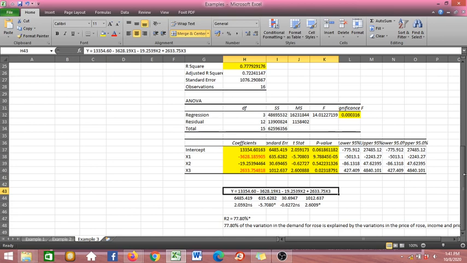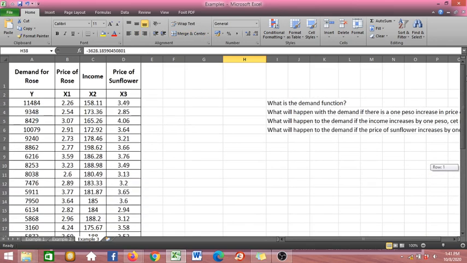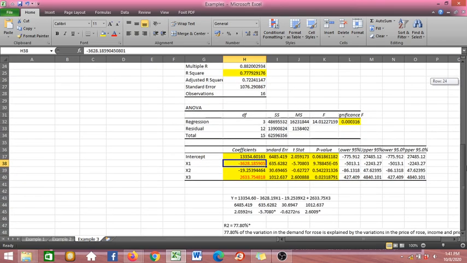So, let's check. Are the signs what we expected? So, x1 is negative. We can see x1 is the price of rose. So, that's correct, right? As the price of rose increases, the demand for it decreases.